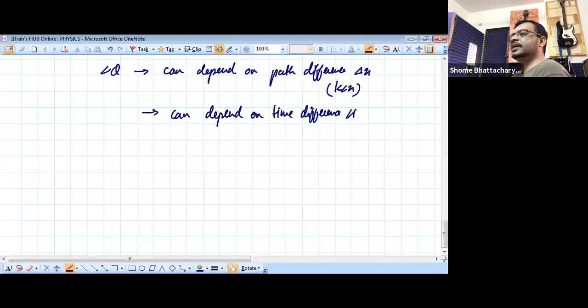What we mean by time difference delta t is a situation where the sources of the interfering waves are not synchronized.